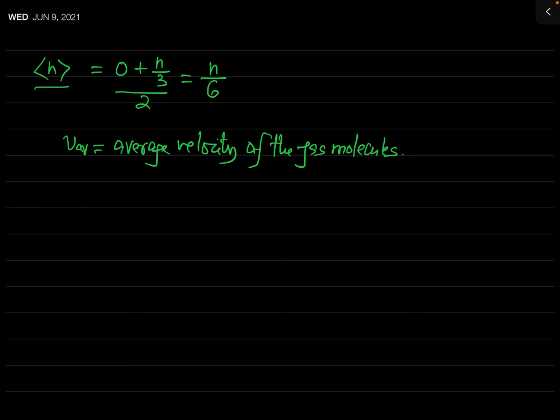The gas molecules' average velocity is VAV, and we also consider that m is the mass of each molecule. Actually we consider that the mass of each molecule is the same, equal to m.